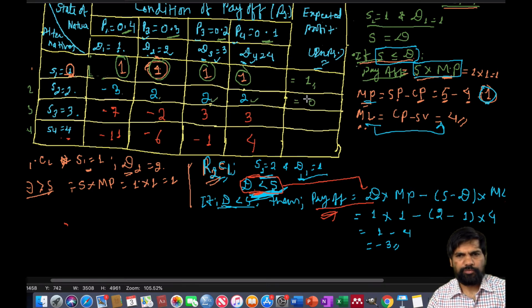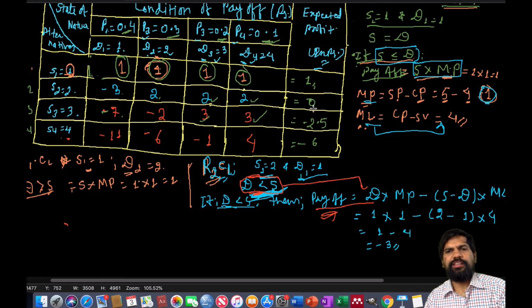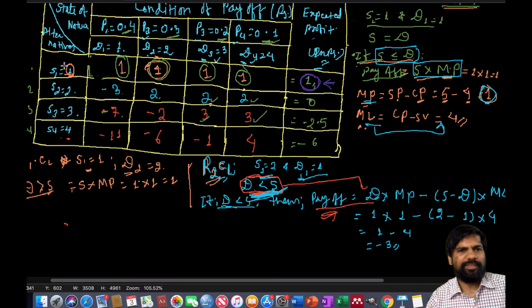The highest value of this column, the highest expected profit, is 1 when we select the supply alternative of 1.